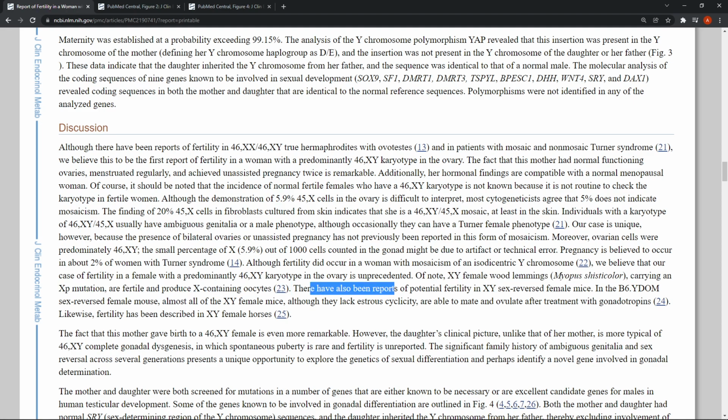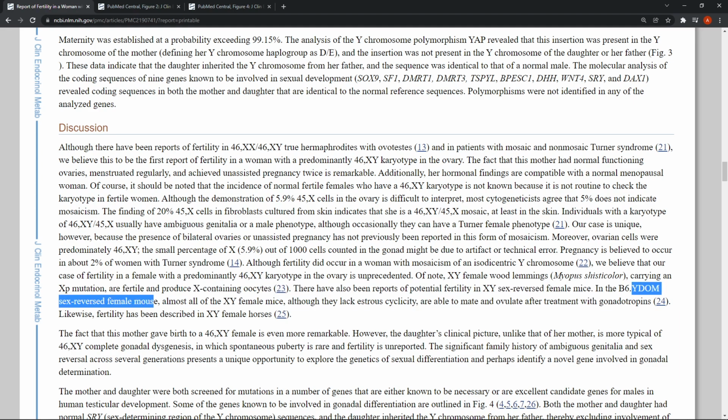There have also been reports of potential fertility in XY sex reversed mice. This is another paper that I would probably read on my own time. I don't know how good it would be to stream. So in the B6, this is a region of the mice chromosome.